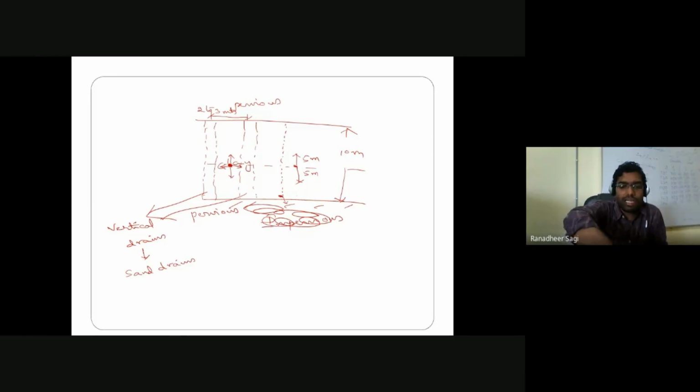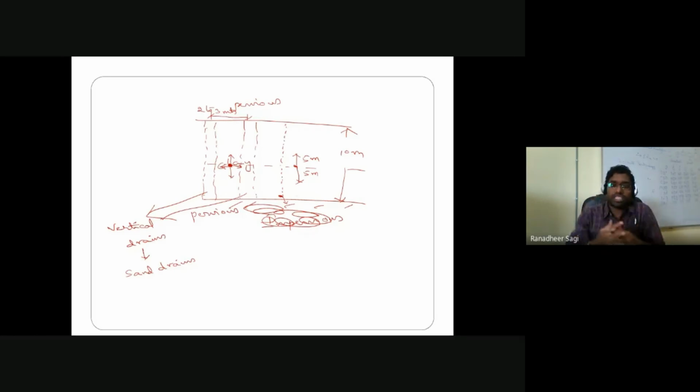So what is the reason for discussing all this? If you can drain the water from the clayey soil deposit at a much faster rate, automatically the consolidation process is also going to be completed at a higher rate, and you can complete the process of consolidation in that soil very fast.